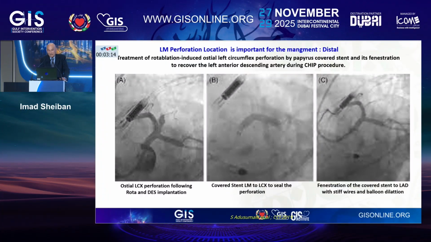Perforation location is very important. If it is distal, there are some cases reported of fenestration of the covered stent, leaving the wire in the side branch in order to know where to fenestrate the covered stent.